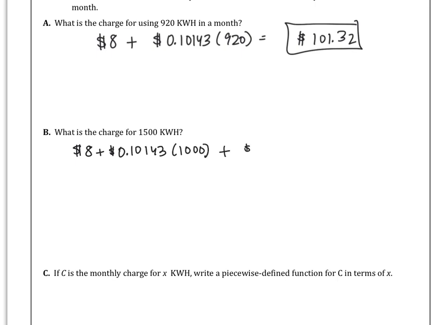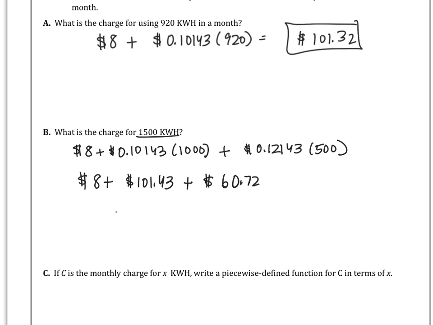Plus you're going to have the increased rate, which is 0.12143 times the difference there. Okay, so if you got 1,500, the first 1,000 is at a lower rate, but the extra above that is at the higher rate. So that gives us, let's see, 170.15. There you go.